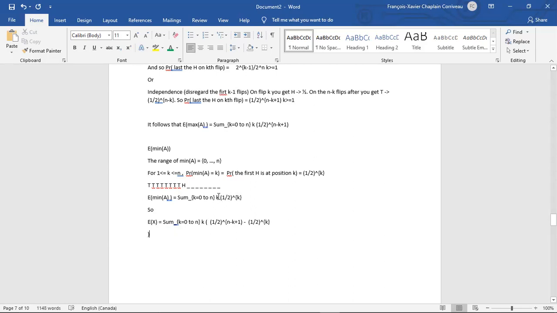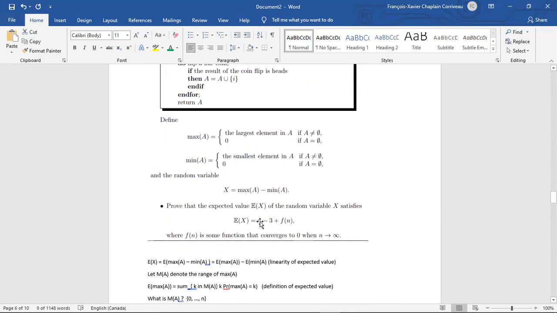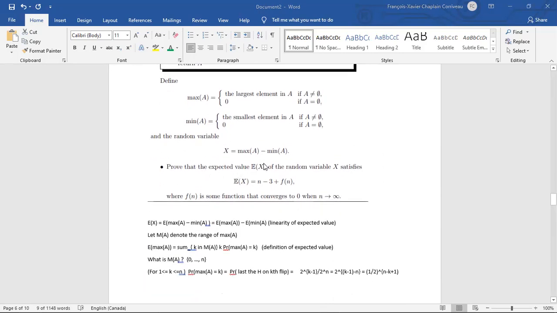And they both have a factor of k, so this factor is at the front here. So it's the summation of this big thing. Again, my question now is, how do we move from this summation to something that looks like this? We want to prove that the expected value of x satisfies this thing here. So how do we do that?